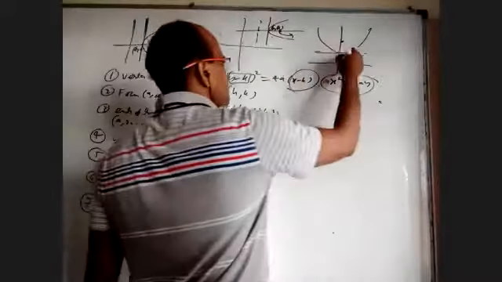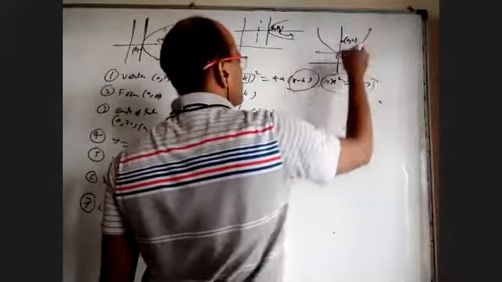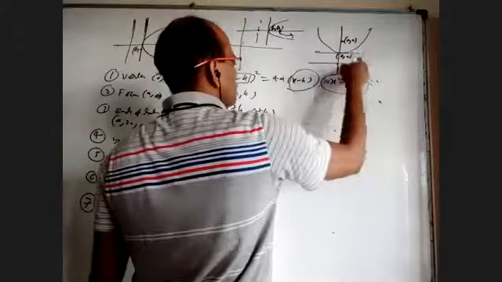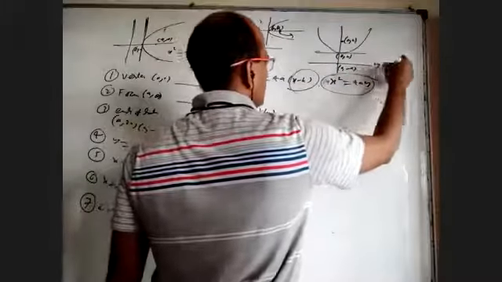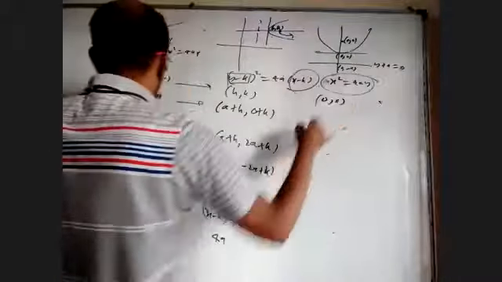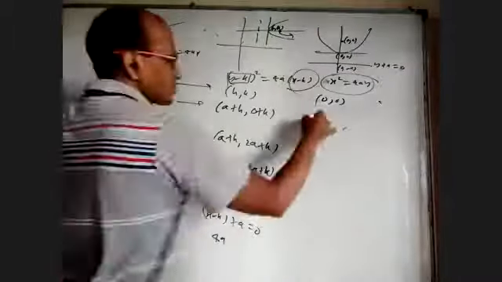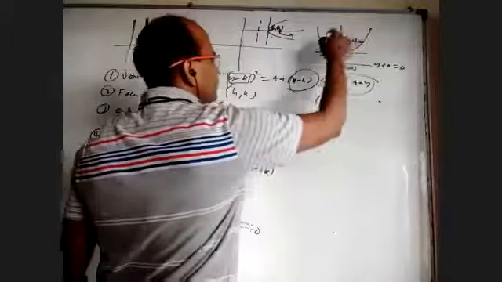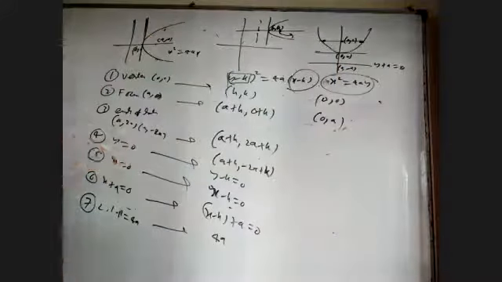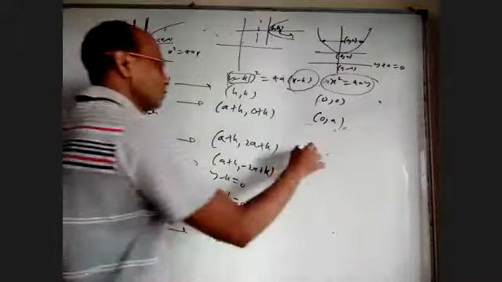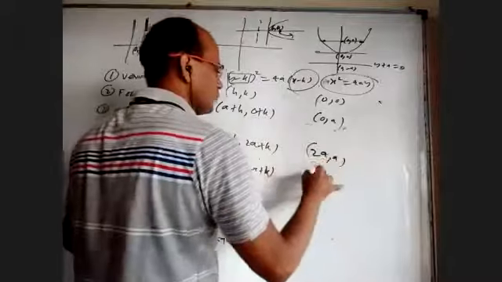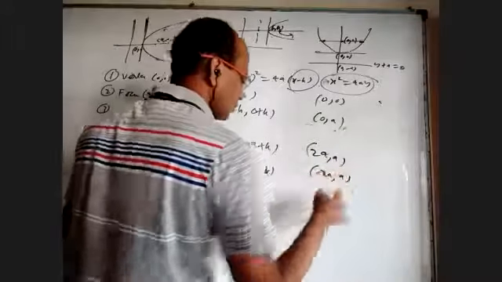Wherever x is there, write y, wherever y is there, write x. So the vertex is (0, 0), the focus is (0, a) instead of (a, 0), and the directrix is the horizontal line y plus a equal to 0. The ends of the latus rectum have the same y coordinate but the x coordinate reversed, so they are (2a, a) and (minus 2a, a).